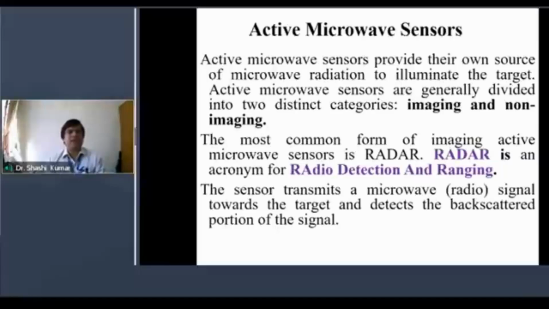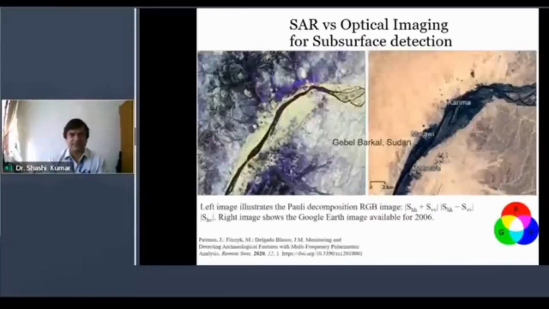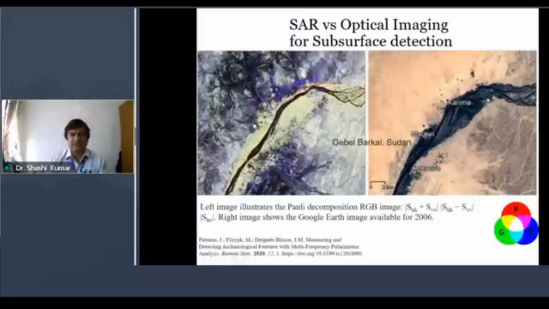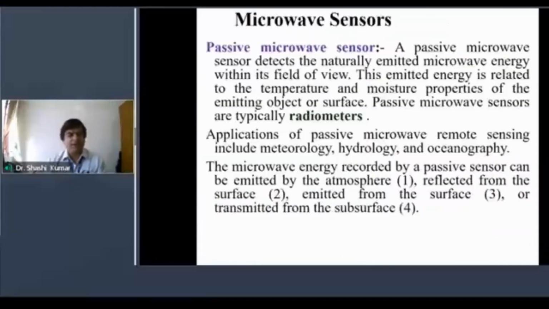Like in the case of optical multispectral, the dataset which you have seen, or if you explore the Google Earth imageries, these imageries are acquired by optical multispectral sensors, and optical multispectral sensors are an example of passive sensors.